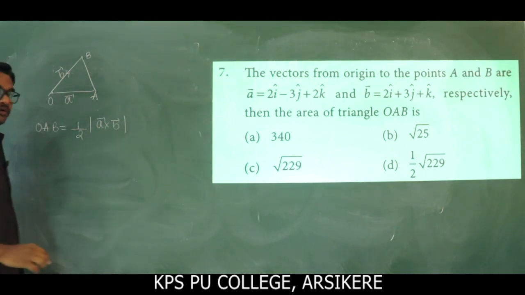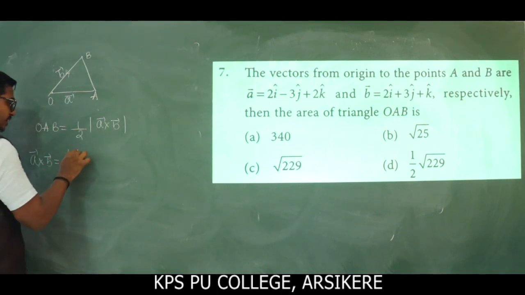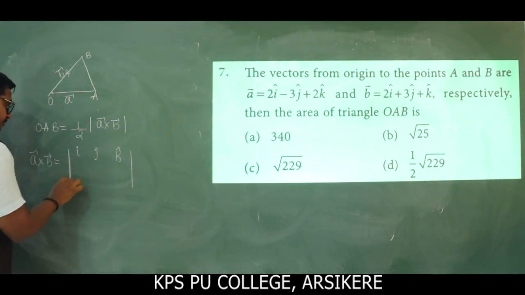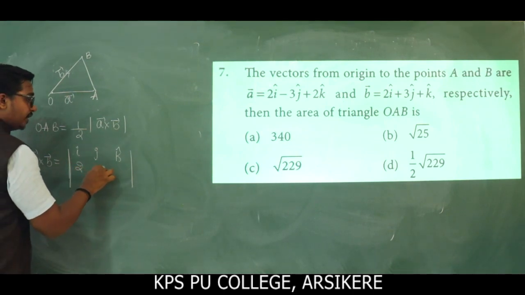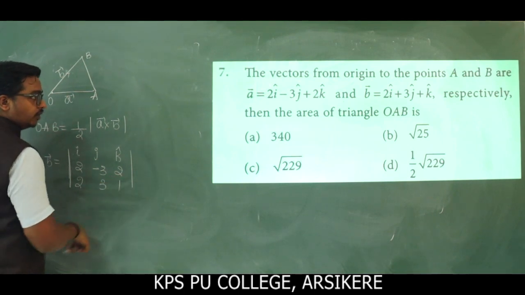First we have to find the value of A cross B. Vector A cross vector B is equal to the determinant of order 3 by 3. First row is i, j, k, second row 2, minus 3, 2, and third row 2, 3, 1.